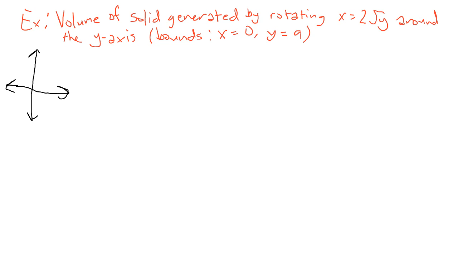So we're going to essentially have a parabola. All right, so now we have our parabola drawn, but they said this time we're rotating around the y-axis. So this time we're going to get a little solid that's going to be this shape right here.